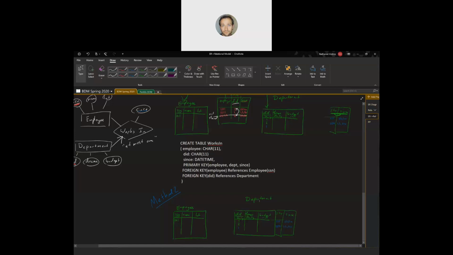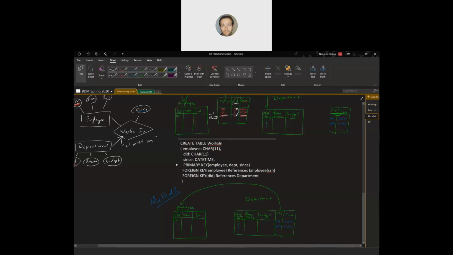So here, the social security number is a foreign key into the employee table. The department table already has as its primary key the DID, and so this is another option.